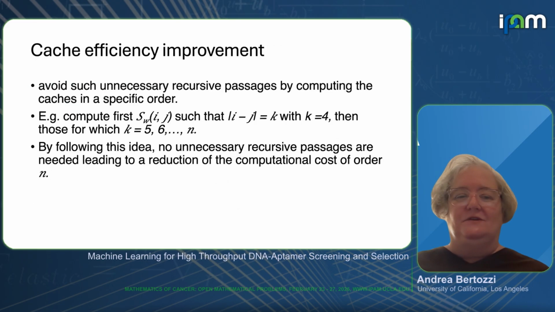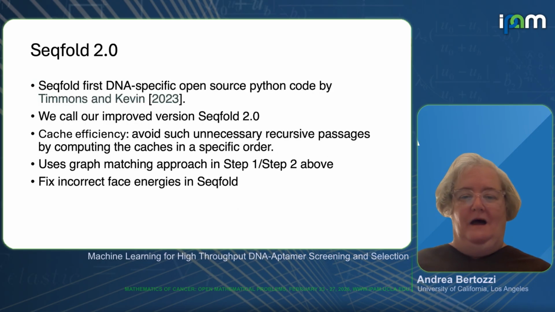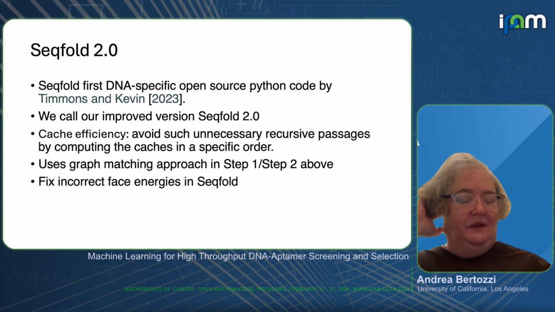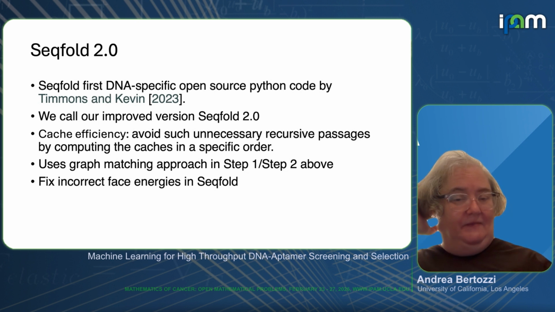We've done some leveraging of that. One example is a cache efficiency improvement. Here's a case where we benched our code against an existing code that was in the public domain. It's not a particularly good code. It's SecFold code, and it had some mistakes in the energy calculation, but nevertheless, it gives an idea of speed.